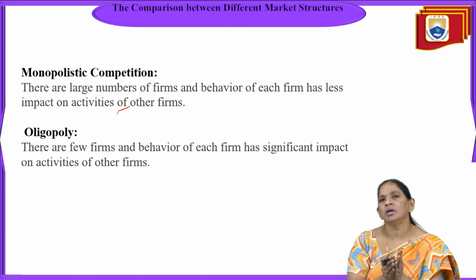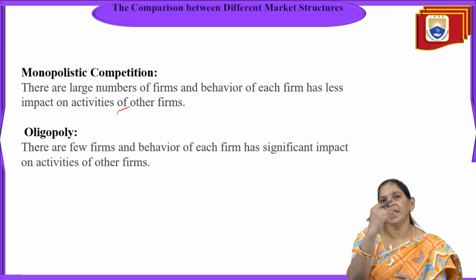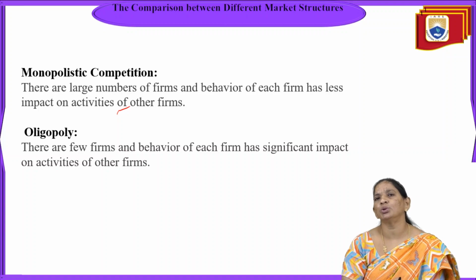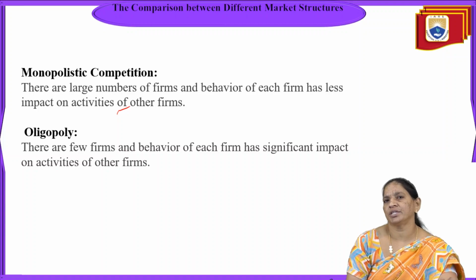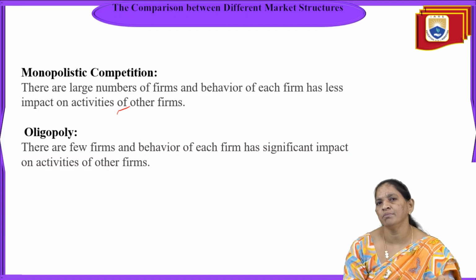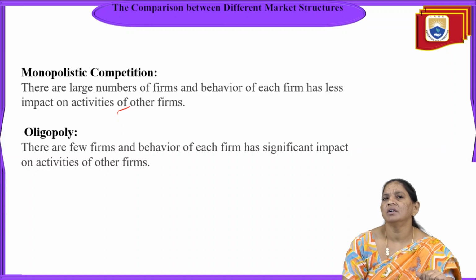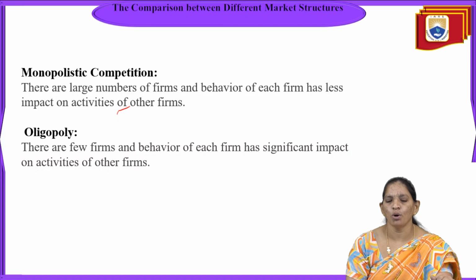When one firm increases the price or goes for a radical change in output or price, an effect will be there upon the other competing products of that same industry. So here we can see a little bit of impact in case of monopolistic competition.